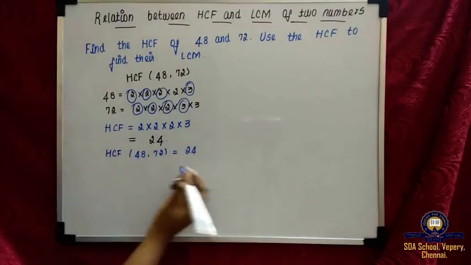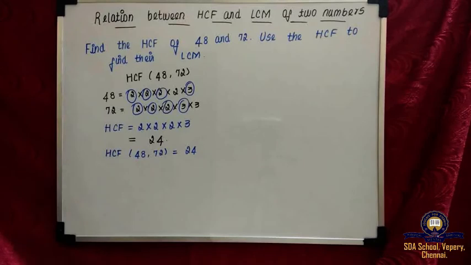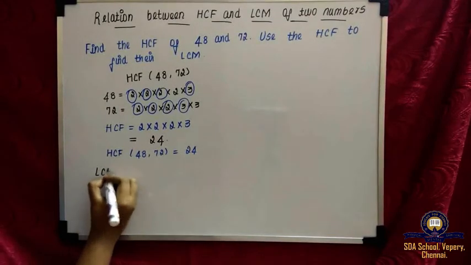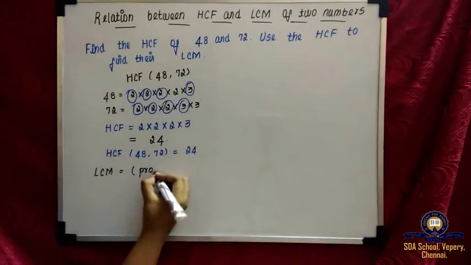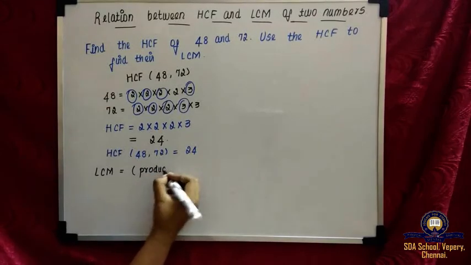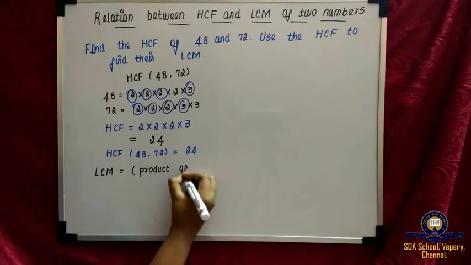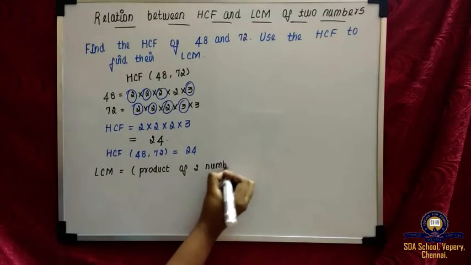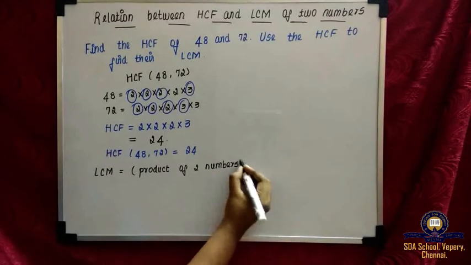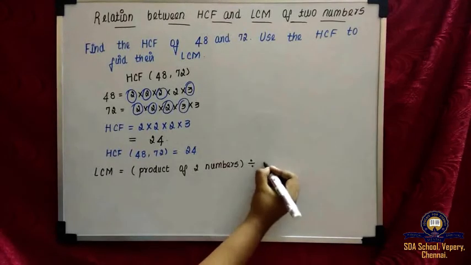Now we have found the HCF. You have to use the HCF to find the LCM. So by the relation we have, LCM is equal to product of two numbers divided by the HCF.